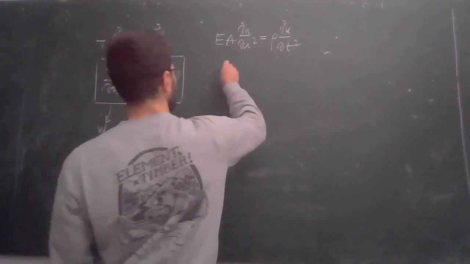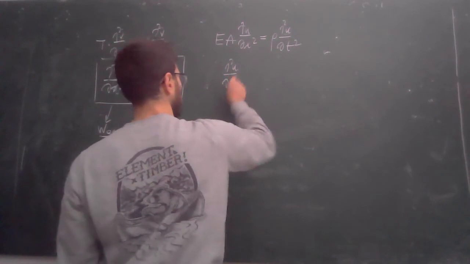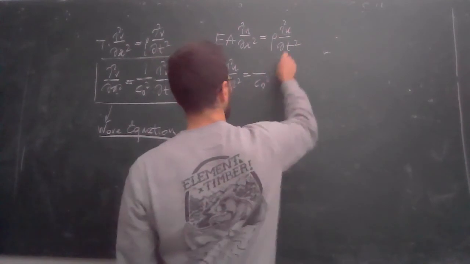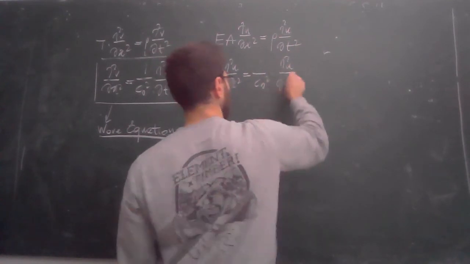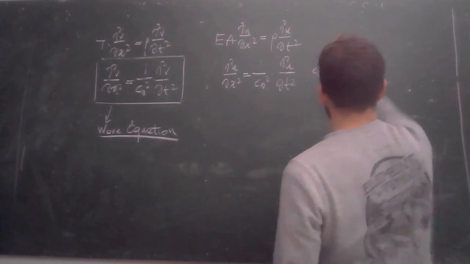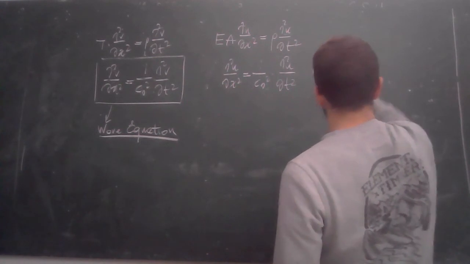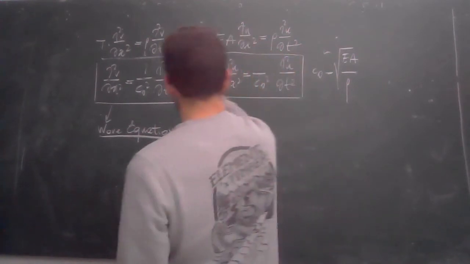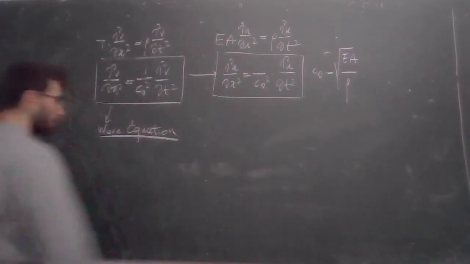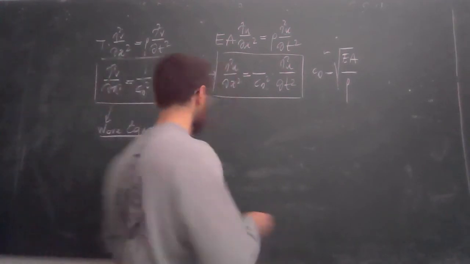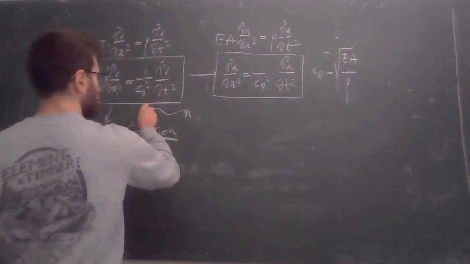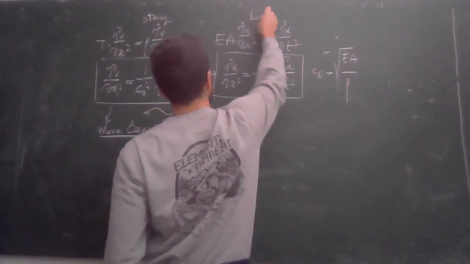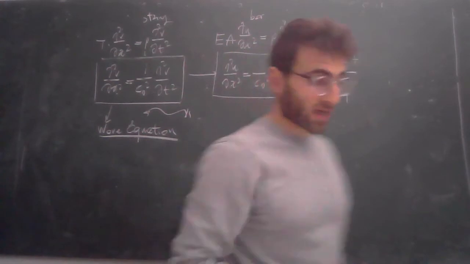We have the wave equation, where C0 squared is actually E over rho. The same equation. Two phenomena, two structural elements, the vibrating string and the bar. The equation is the same.